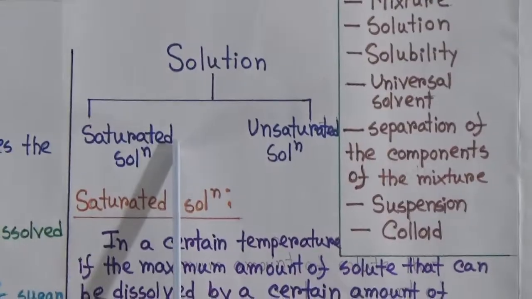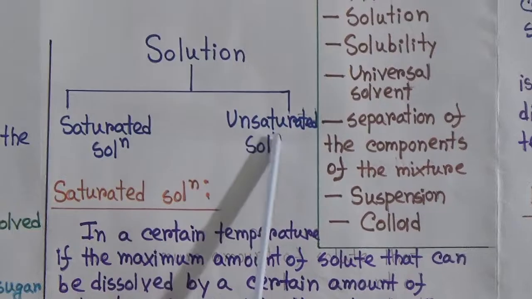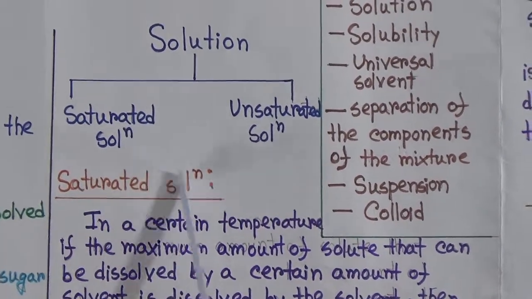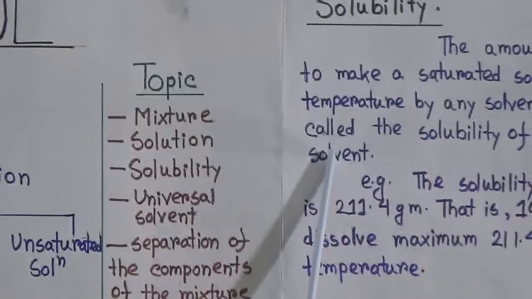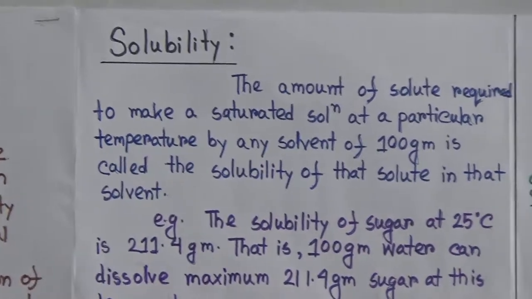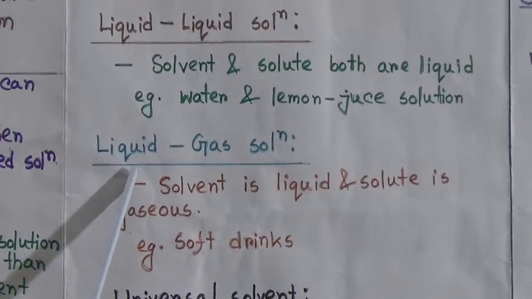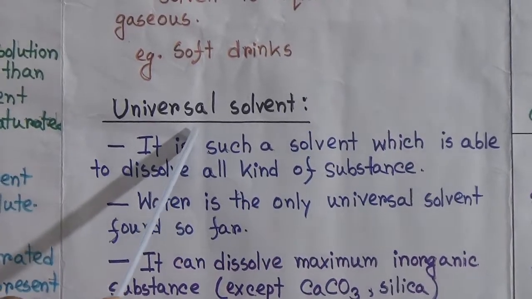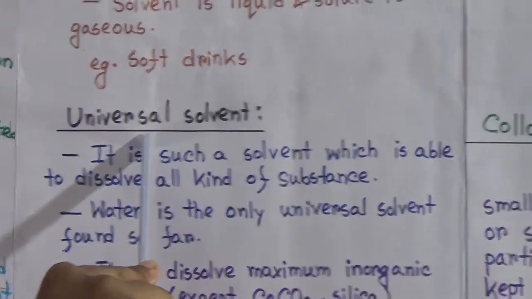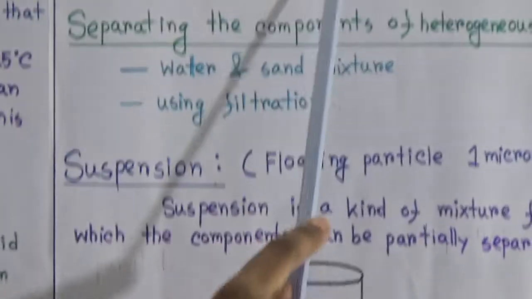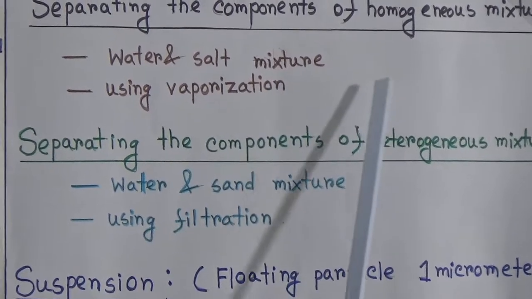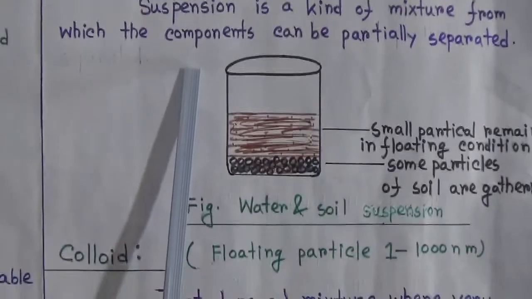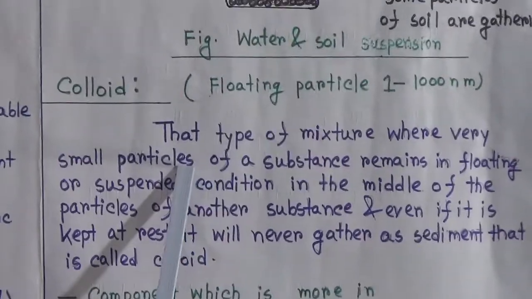Then we have learned about saturated and unsaturated solutions, and from the saturated solution we prepared the definition of solubility. Then we have learned about liquid solution, liquid-gas solution. Then we have learned about universal solvent. Then we have separated the different components of homogeneous and heterogeneous mixtures. Then we learned about suspension and colloid.